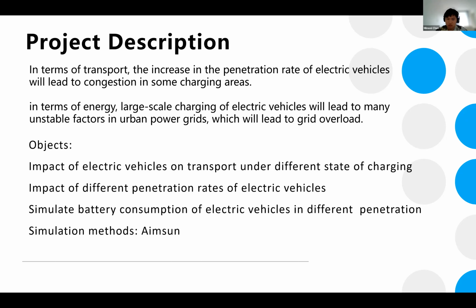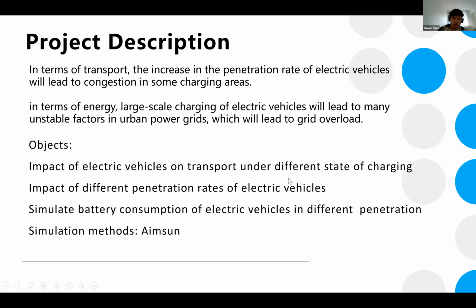Therefore, there is a lack of quantification of the impact of the electrical vehicle penetration rate. Therefore, this study will model according to the current transportation system to predict the impact of the recent electrical vehicle on transport in the future.